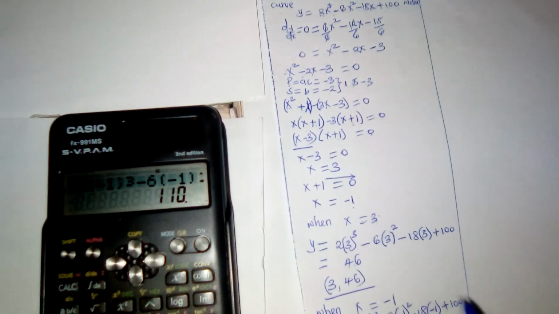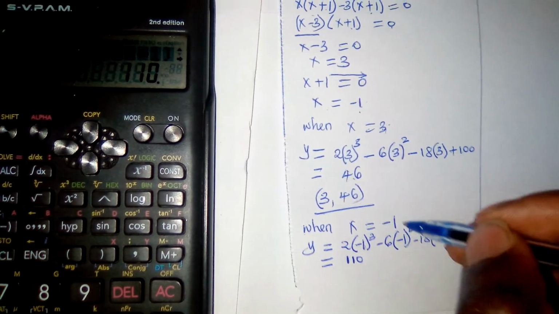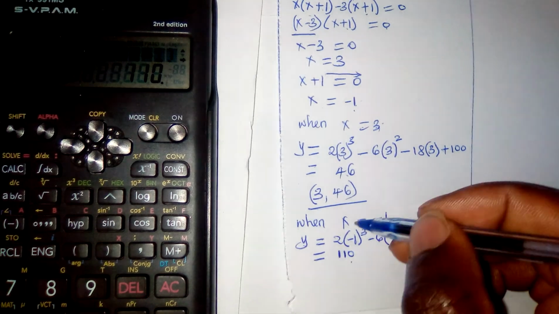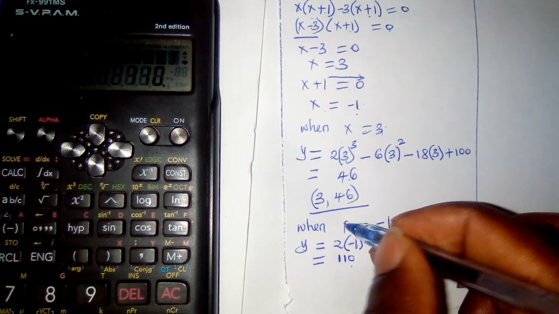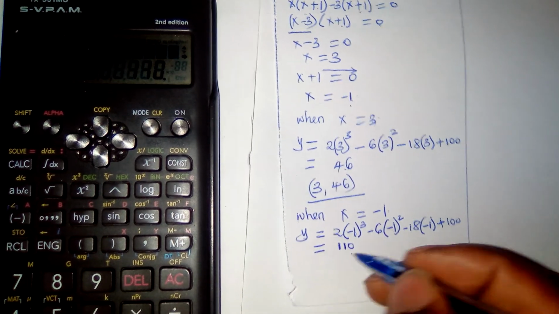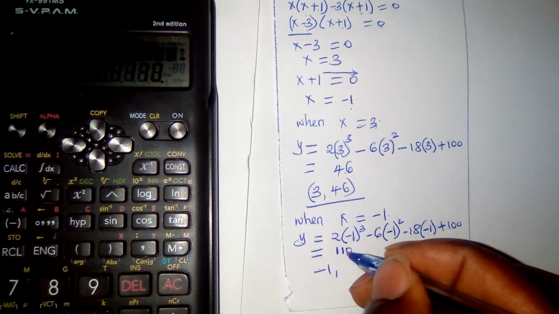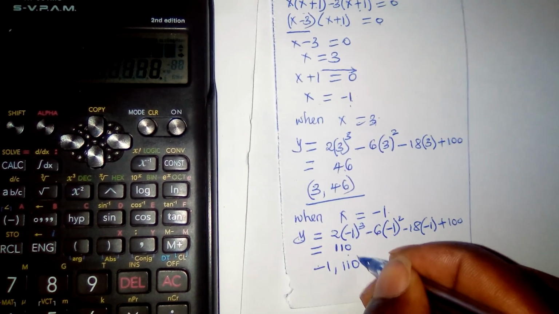The answer there is now 110 being displayed on the screen. Now, having gotten the value of y as 110, and we were using the value of x when it is -1, that means the second turning point shall be the value of x, which is -1, and the value of y, which is 110.